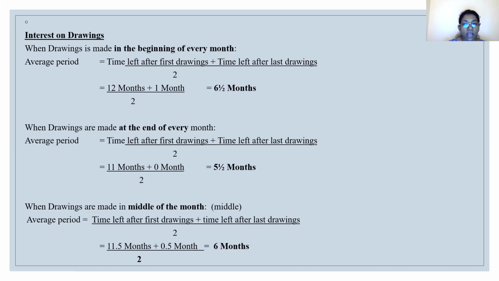When the drawings are made in the middle of the month, the average period would be 6 months. You are familiar with this average period from A level. So you have to remember: in the beginning, the average period would be 6.5 months. In the middle, it's 6 months. And at the end, it will be 5.5 months.